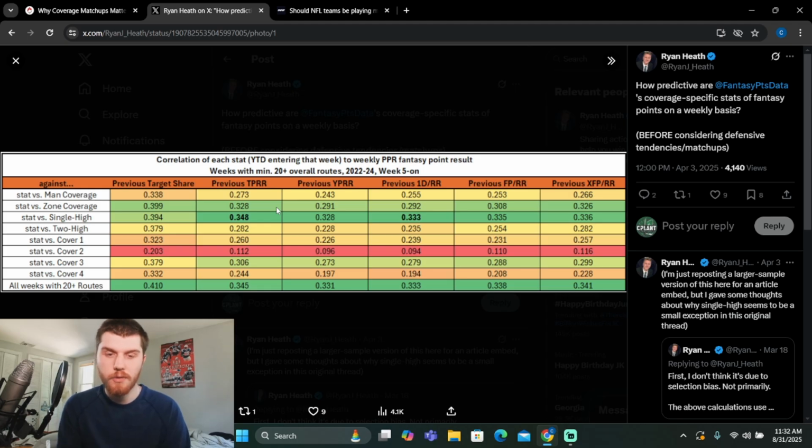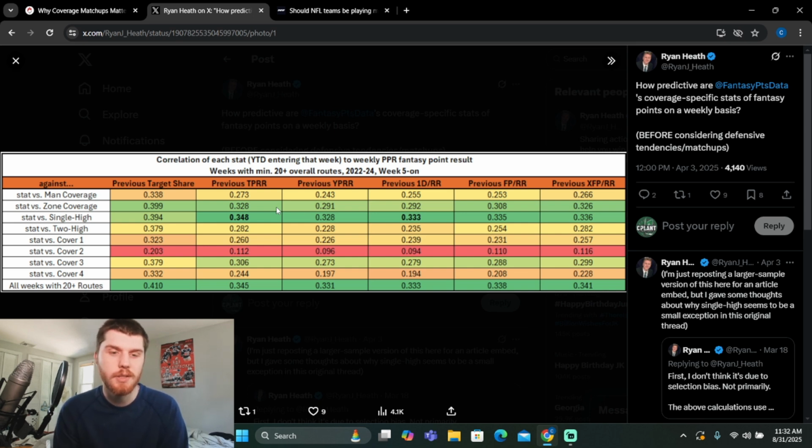So for the first 6 weeks, Davante Adams' yards per route run versus zone, how predictive is that of week 9 performance? That's how I get it, and he just did that a bunch of times and calculated out the correlations. So yeah, it's interesting. This is just a flat prediction of how they will perform from a fantasy points perspective in that next week.